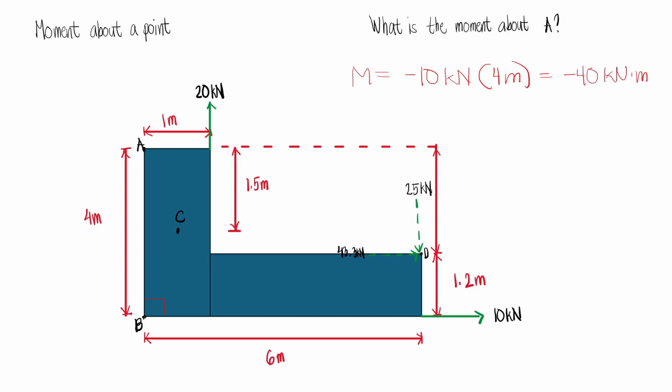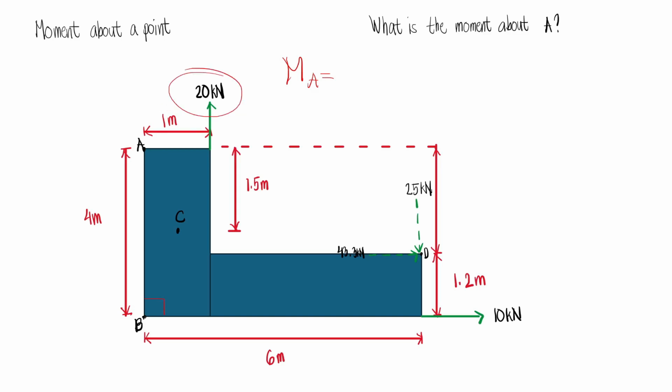Now if we want to get the total moment about A, we have this equation. Now let's just call this one MA. Again, that will be negative 20 times 1, because again, this will cause a counterclockwise rotation. So minus 20 times 1, and then we have 25, and then times 6, which is plus because it will cause a clockwise rotation.